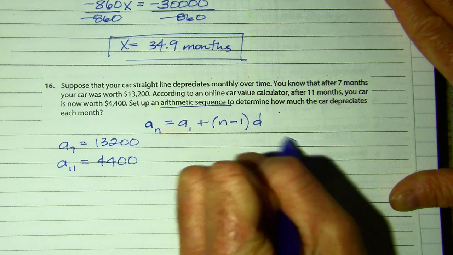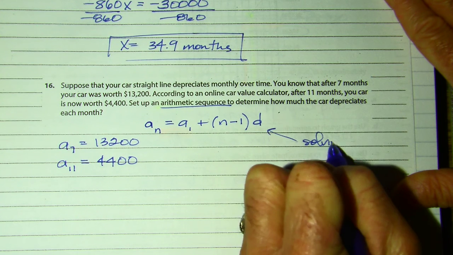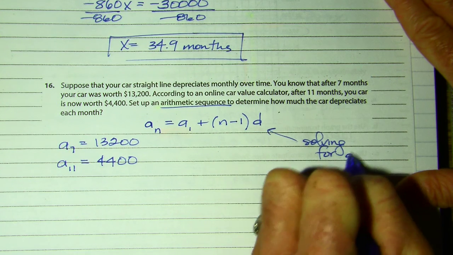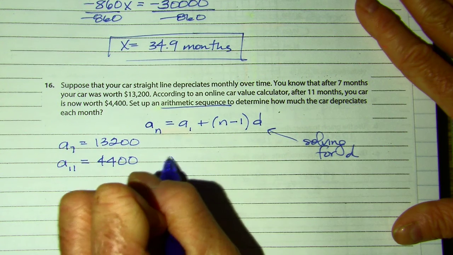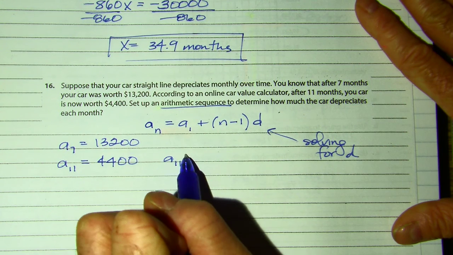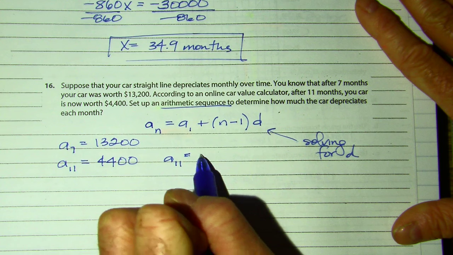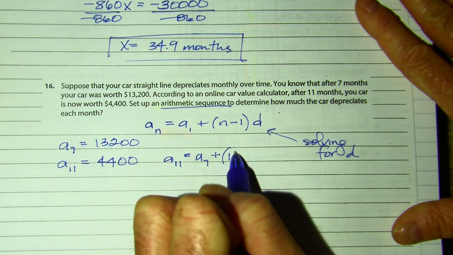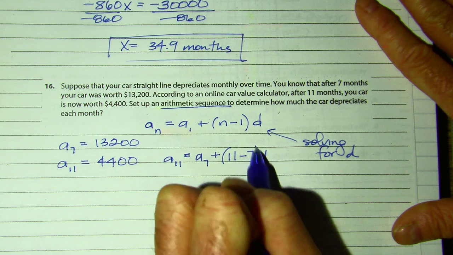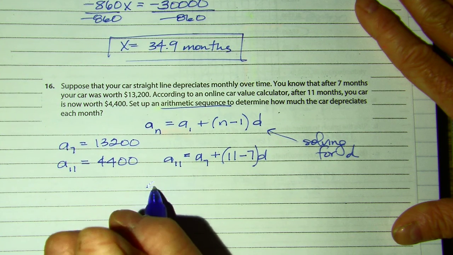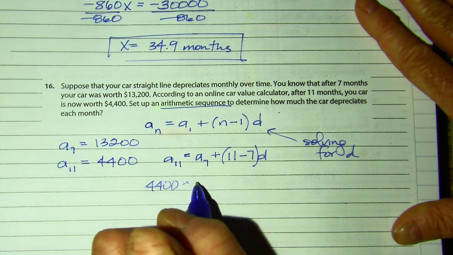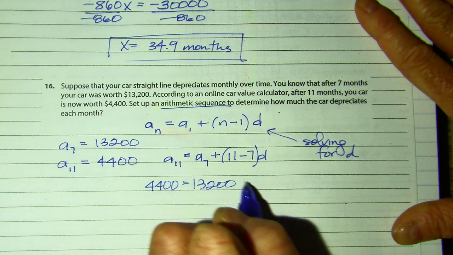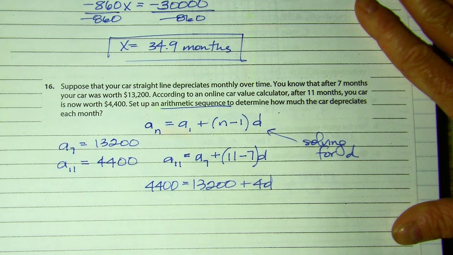So I'm actually solving for d. So I'm going to plug in the following. In the 11th month, my 7th month plus 11 minus 7 times d. So a11 is 4,400, 13,200 plus 4d.